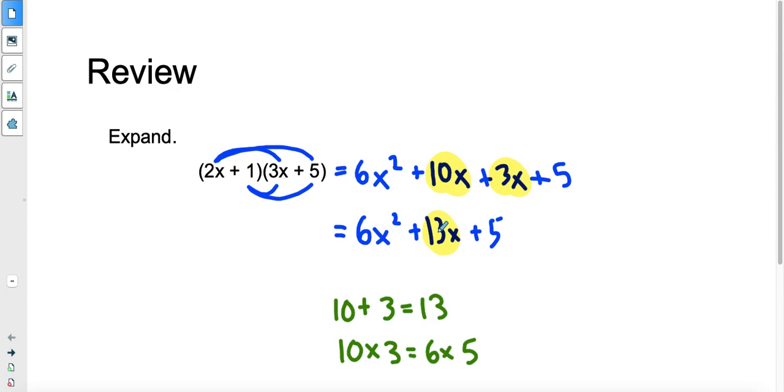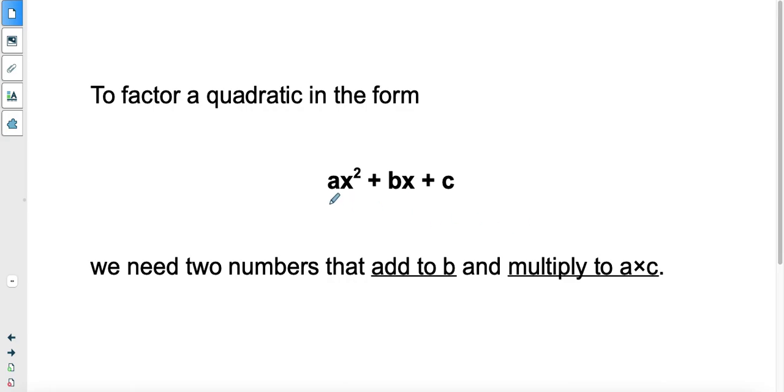So that's the idea. When we're asked to factor quadratic equations in this form, we need two numbers that add to my number in front of x, my b value, and then multiply to a times c.